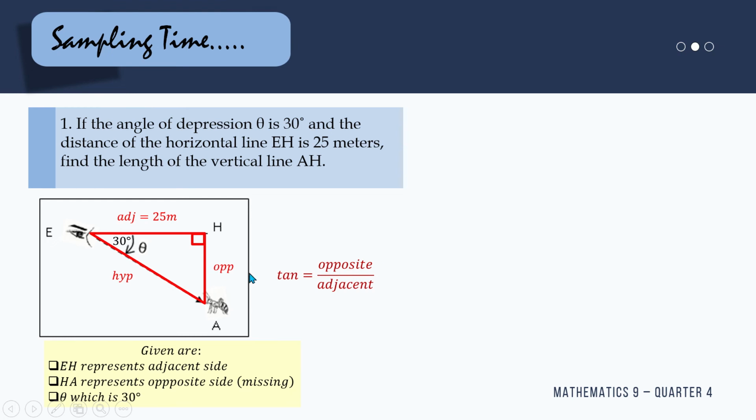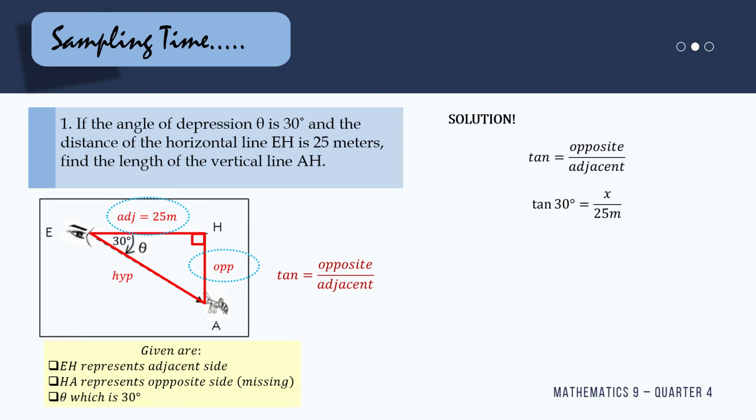So, that's why we'll make use of the tangent function, kay ang gipangita ang opposite man. So, tangent is opposite over adjacent. So, to solve, we have the following. Ang pwede maparis diri is ang opposite over adjacent since ang missing man ang opposite. So, to give us a clear step-by-step solution, tangent is equal to opposite over adjacent.